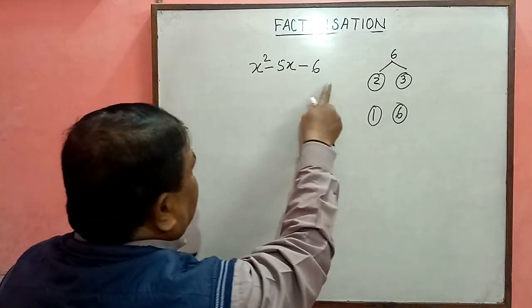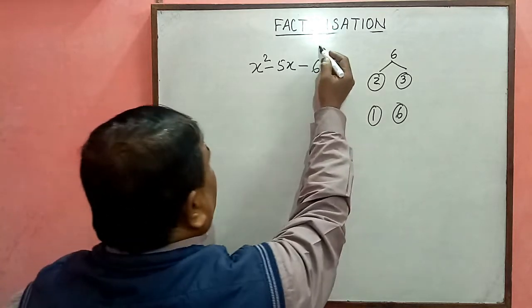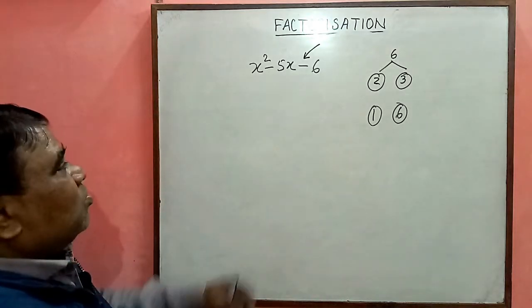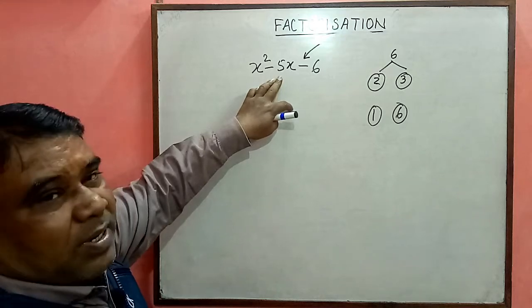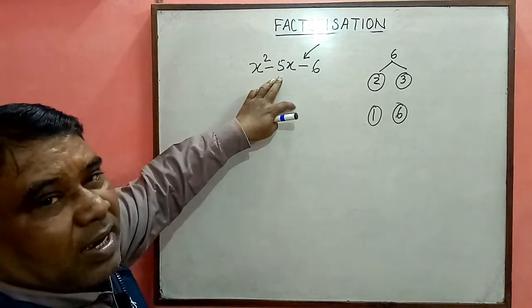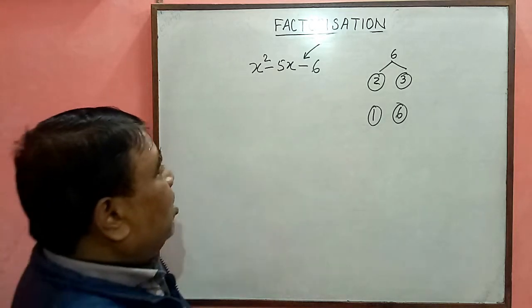Here I have chosen this one, x square minus 5x minus 6. As I told you, this is negative, so definitely for the adjustment of the middle term we have to subtract. Subtract means the signs will be different. Both negative and positive signs will be present for the subtraction.